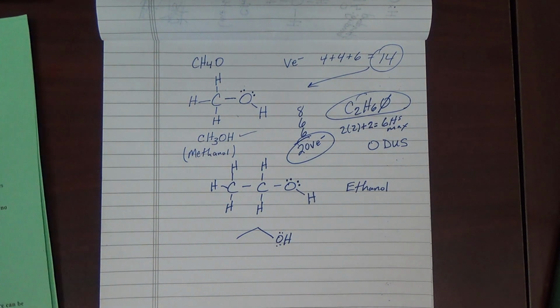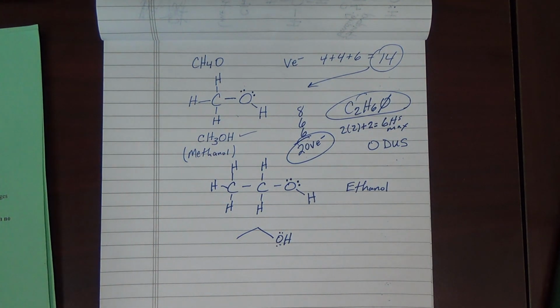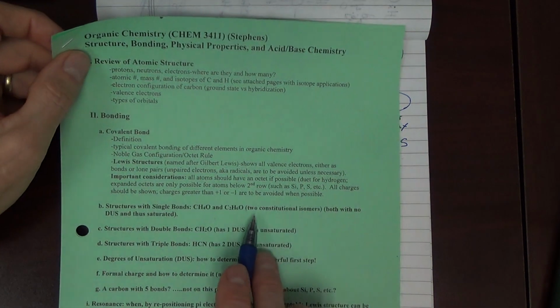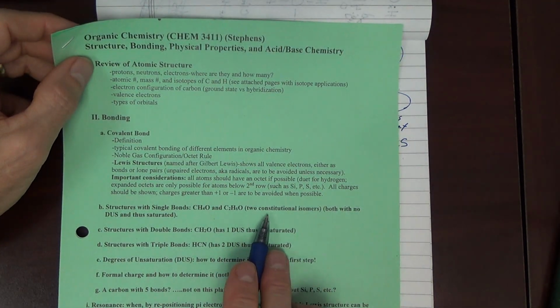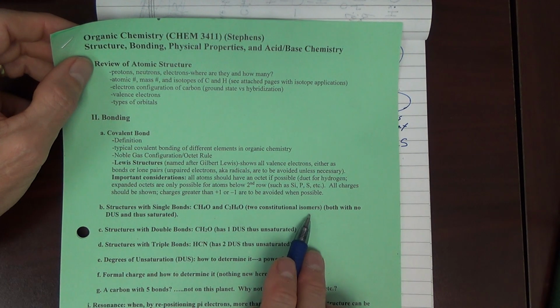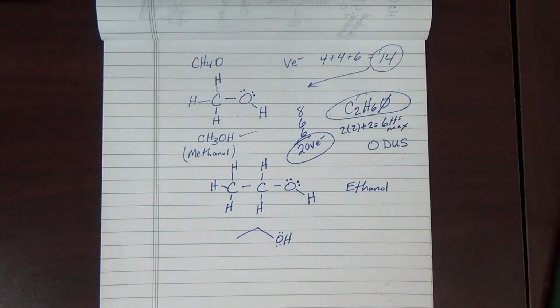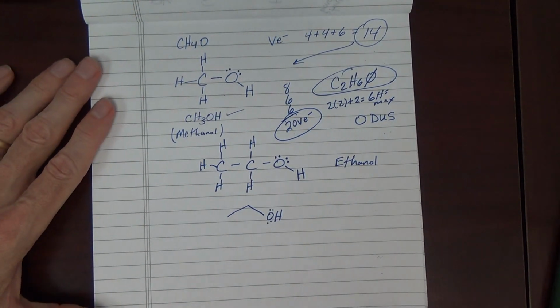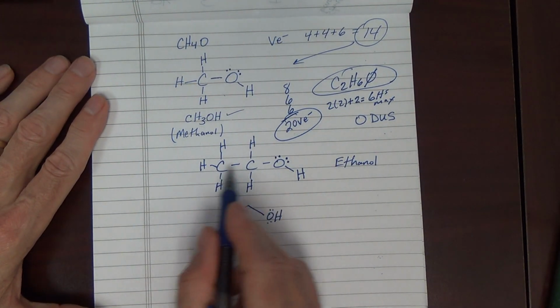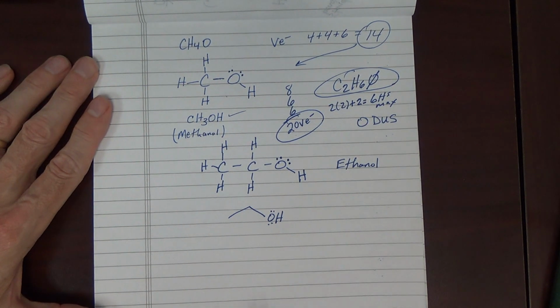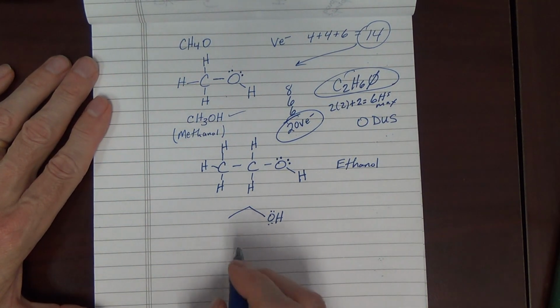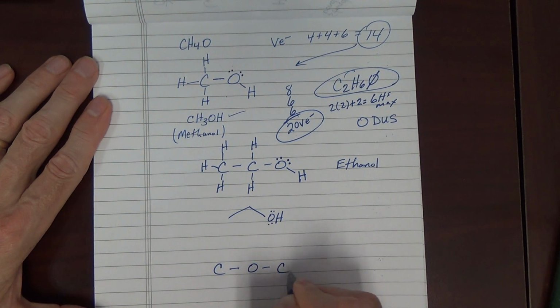So there's a good structure for that formula, but as was mentioned here, we can actually show two different constitutional isomers. We'll define that, but let's go back over here. Instead of bonding the three heavy atoms carbon-carbon-O, you may have recognized that we could have bonded them carbon-oxygen-carbon.